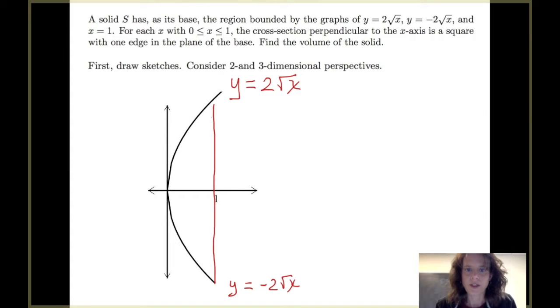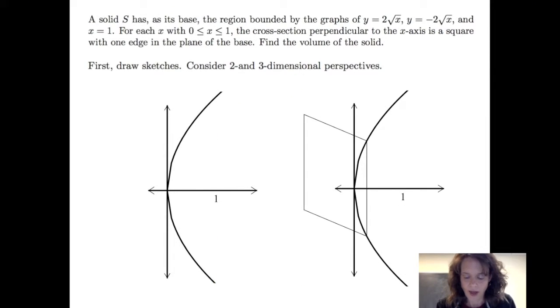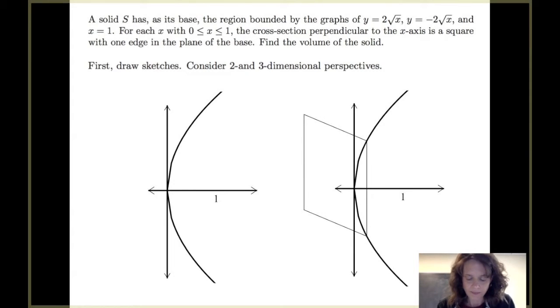We next want to consider a three-dimensional perspective, and to do that, I've got another graph of the two-dimensional region, and I've got a square positioned with one edge of the square in that base.